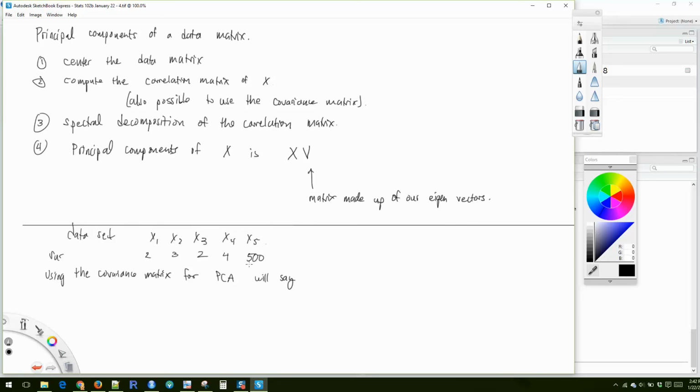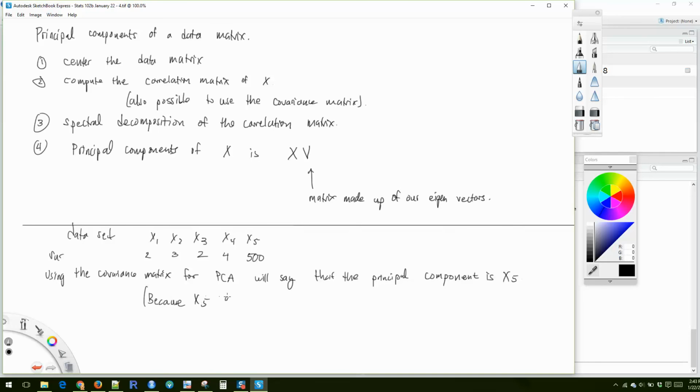It will tell us that the principal component is just X5, just because this all by itself captures about 99% of the total variation that exists in our system here.